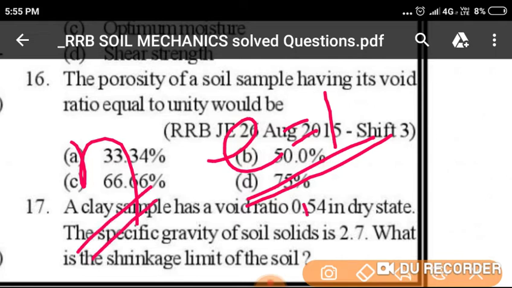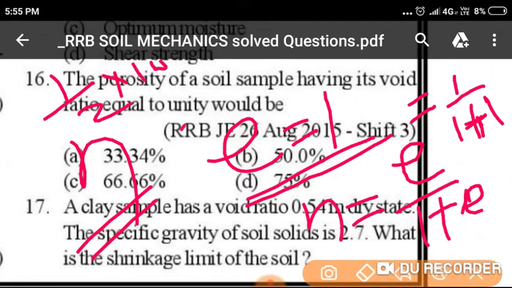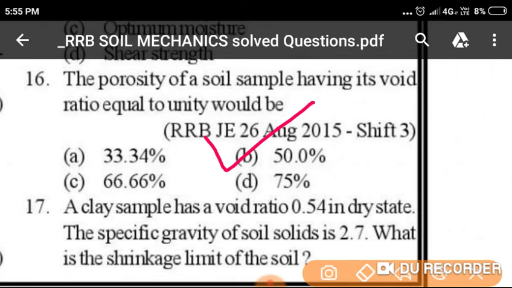So according to the formula, n equals e by 1 plus e, n means the porosity. So 1 by 1 plus 1, that is 1 by 2. So 1 by 2 into 100, that is 50%. So here the correct answer is 50%. Question number 16, option B is the correct answer.